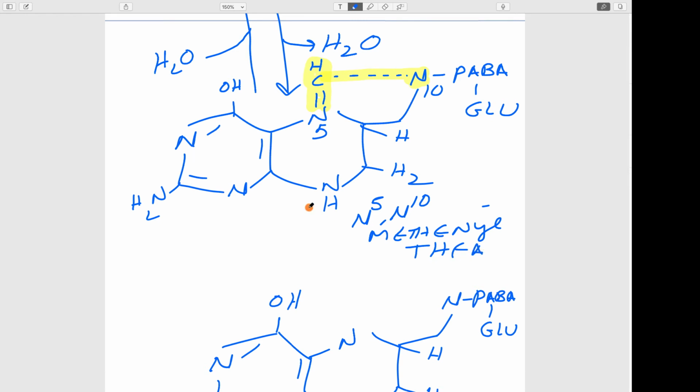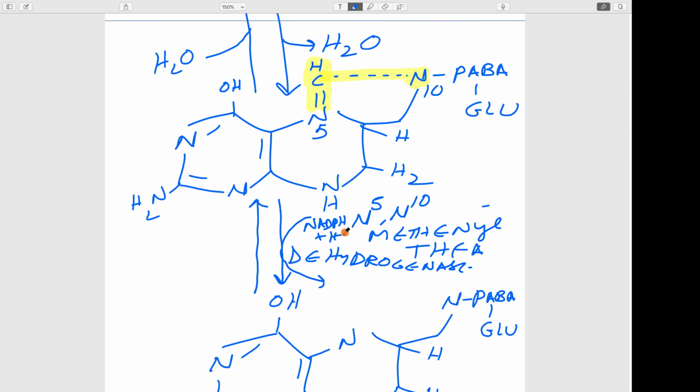Then what happens to this one? This can also be a reversible reaction, in the presence of dehydrogenase, where NADPH plus H plus leads to NADP plus.